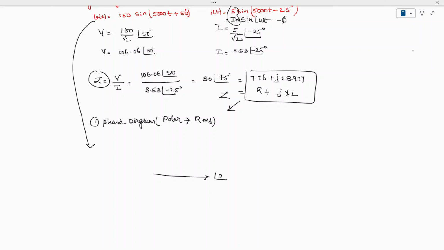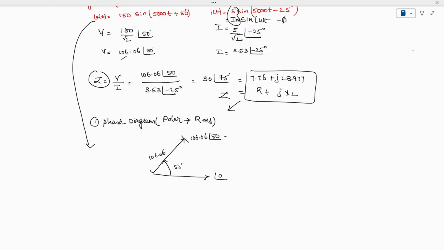This voltage has a magnitude of 106.06 volts, and it is drawn making an angle of 50 degrees.